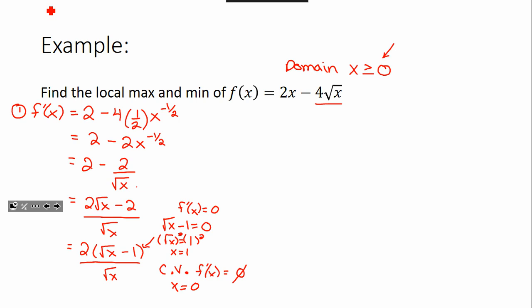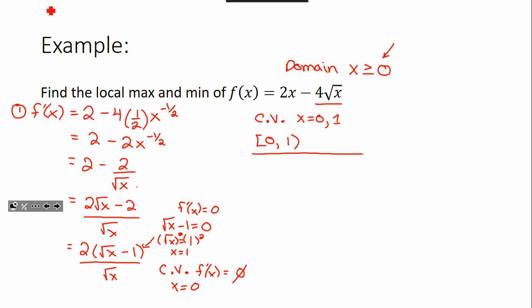So now I'm going to take my two critical values, which is x is 0 and +1, and I'm going to set up my interval chart. So I know that it is from 0 to 1, and I can't go less than 0 because it doesn't exist, so I don't need to include it in my chart.